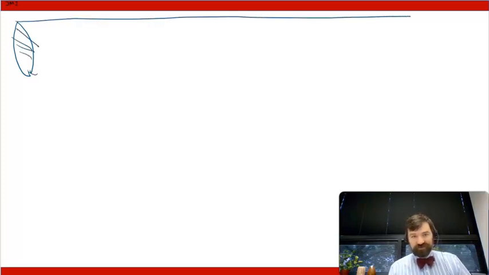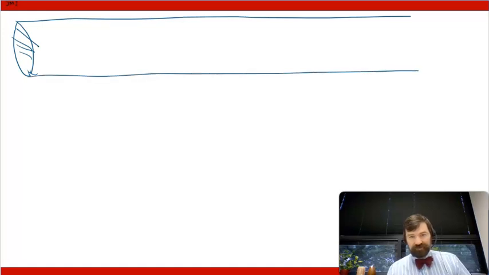For example, if I have a gas cylinder, maybe this end is fixed and the cylinder is very long like this, and I have a piston here that I move from this point to, say, this point.